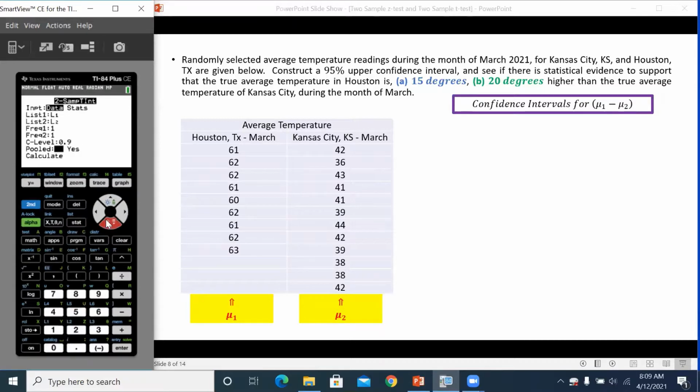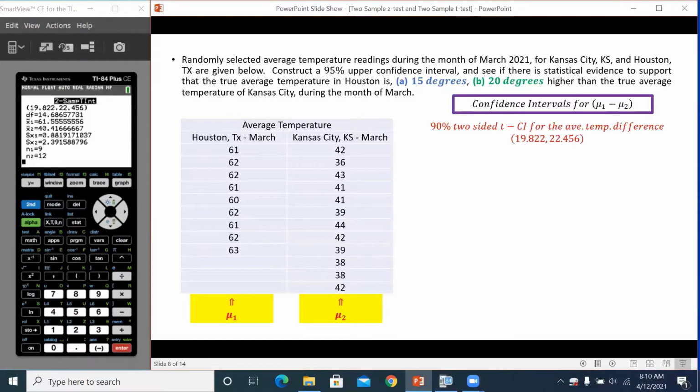Pooled is always no. Select Calculate and then hit Enter. All right, therefore, the 90% two-sided t-confidence interval for the average temperature difference is from 19.822 to 22.456. This means the 95% upper t-confidence interval for the average temperature difference is from 19.822 to positive infinity.